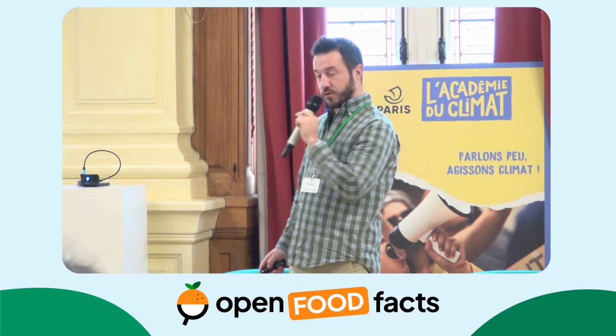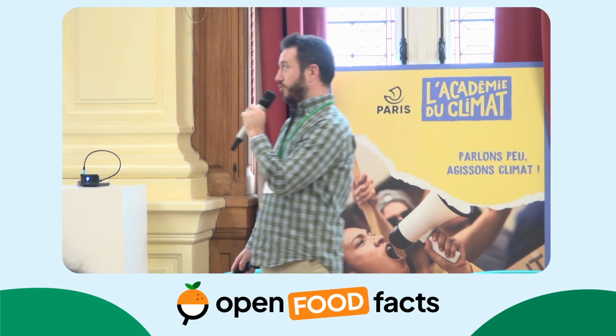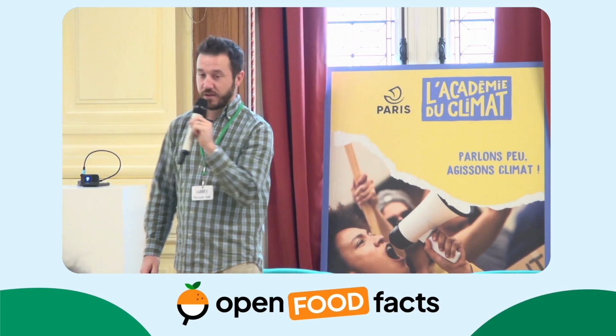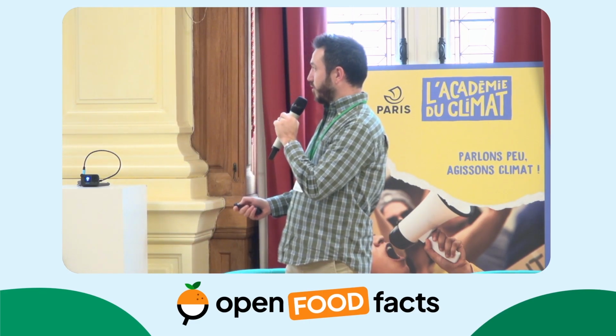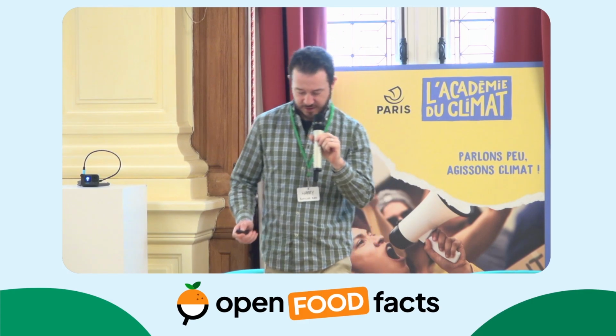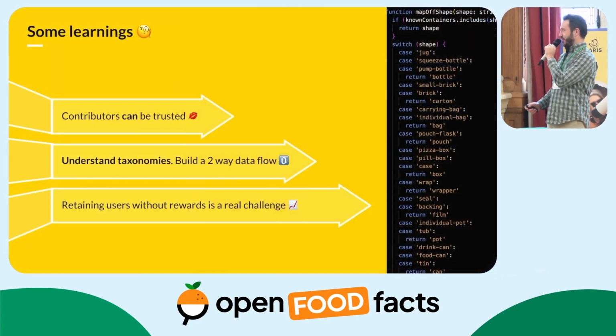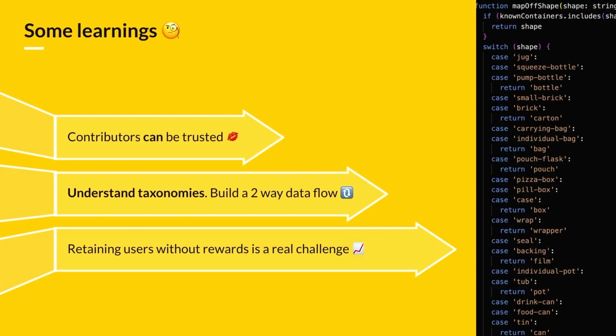I wanted to talk to you about our 3 main learnings since our 3 years with Open Food Facts. First, contributors can be trusted. There are some contributors here today, so you'll be happy to hear about this one. When we first built the application, we were thinking, okay, people might input wrong product data, they might put offensive words in, and we would try to build complex systems which guard against that.